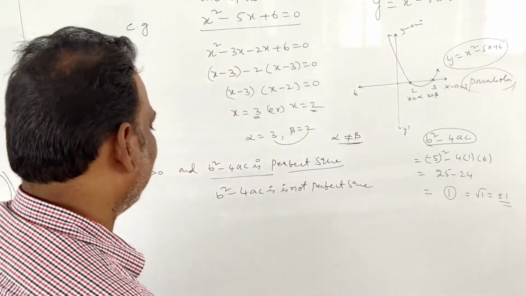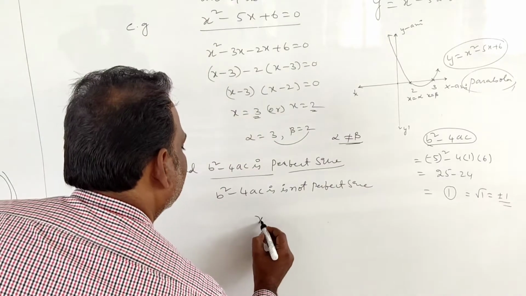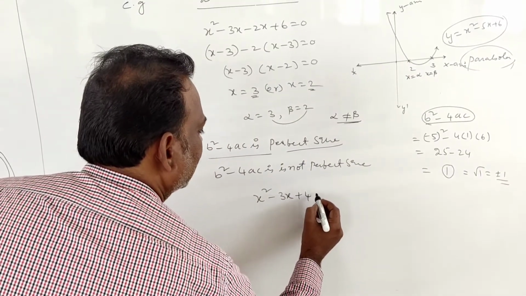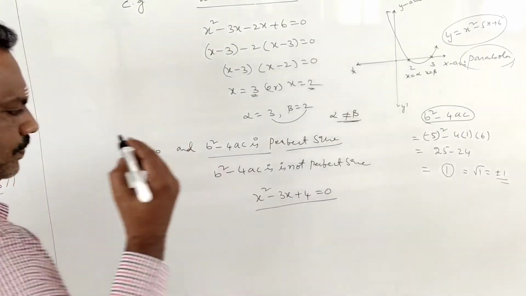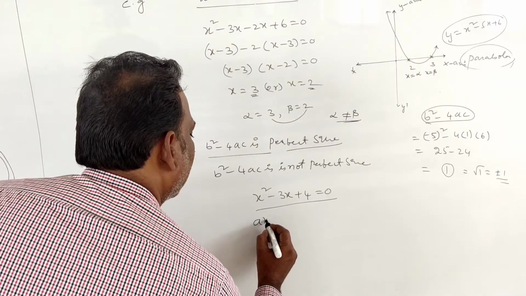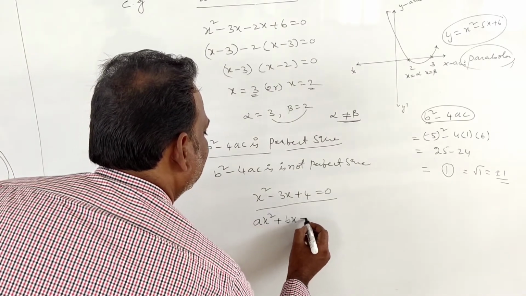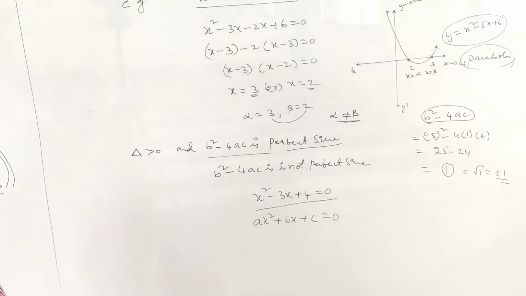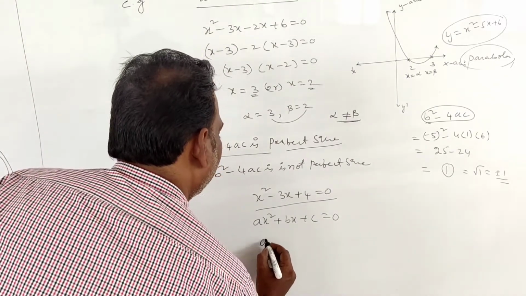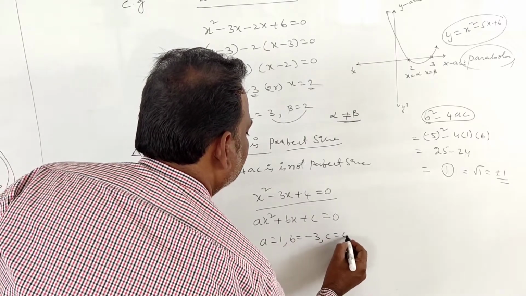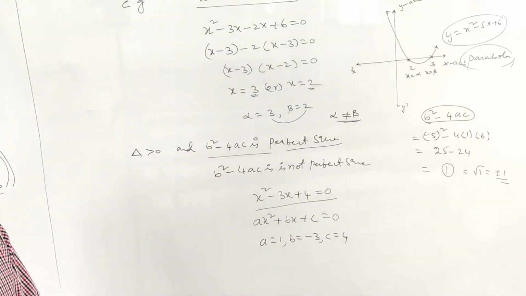I will give you an example. For example, x square minus 3x plus 4 is equal to 0. This is one quadratic equation. If you compare with ax square plus bx plus c is equal to 0, correct, students? Now a value is equal to 1, b value is equal to minus 3, c value is equal to 4.